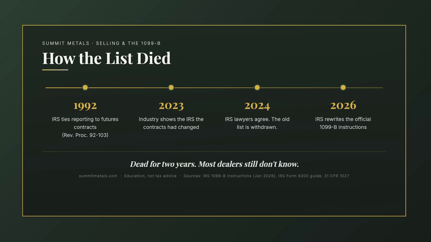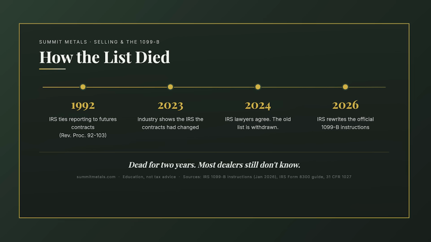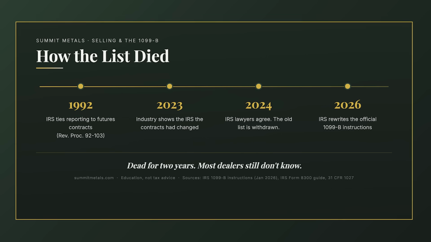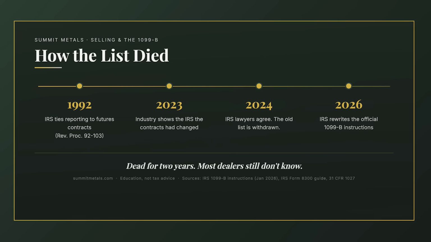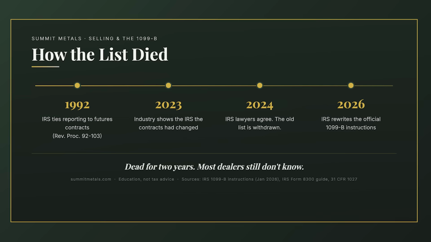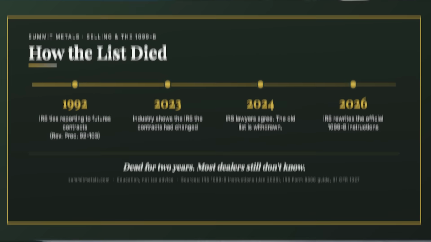Now, if we go back to 1992, that's when the rules changed. The IRS started requiring us to report on these different types of transactions, and it was tied to futures contracts, but it was tied to old futures contracts. Then in 2023, people started questioning that from the industry. The previous rule was 92-103.